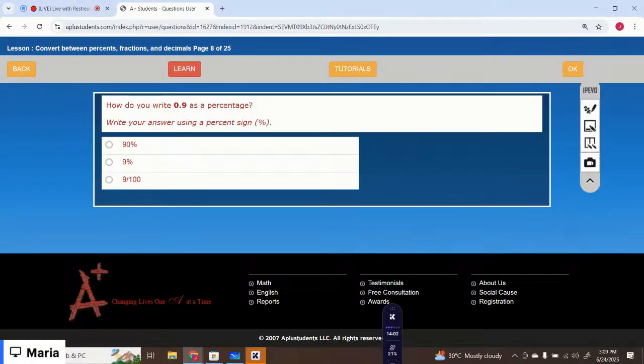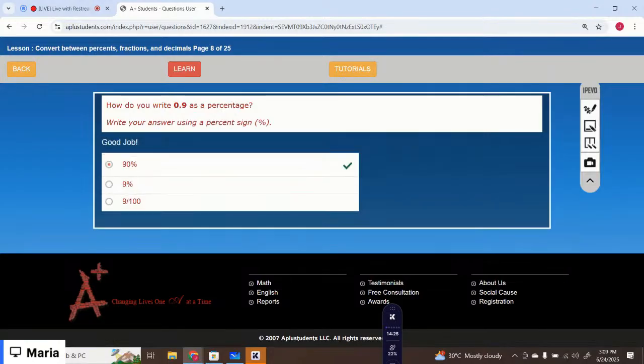How do you write 0.9 as a percentage? That is 0.9 times 100, which is 90%. Option number 1 is the correct option. Very good.